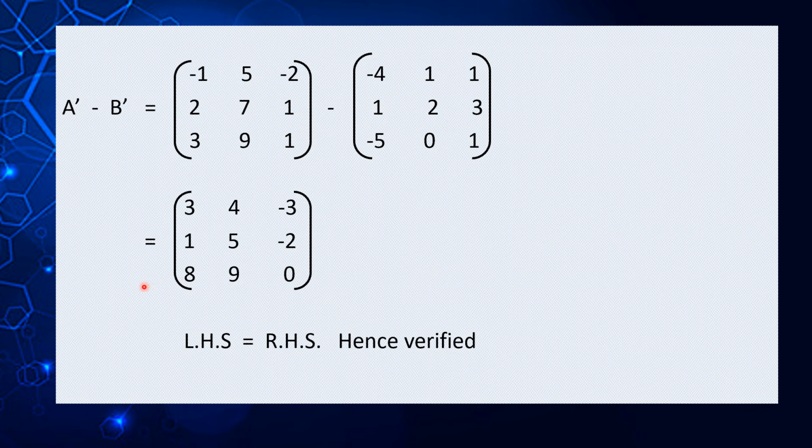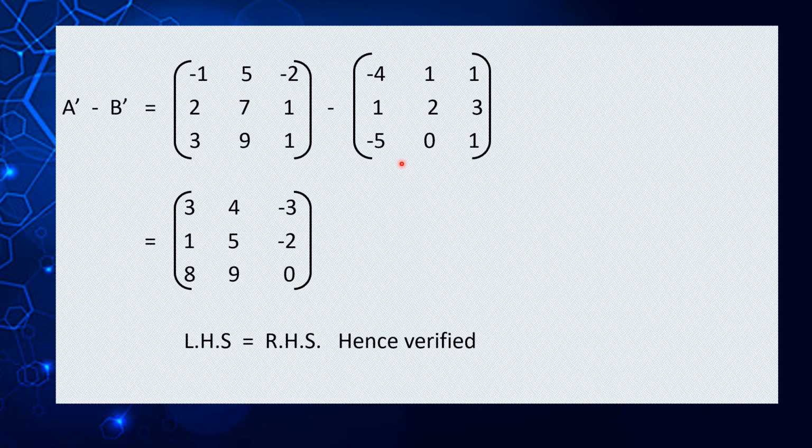Now we have already got the value of LHS in the previous part. Now we would consider the RHS part, that is A transpose minus B transpose. First write the A transpose matrix, and then subtract the B transpose matrix from the A transpose matrix.